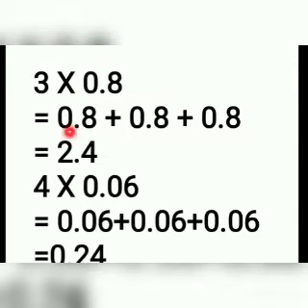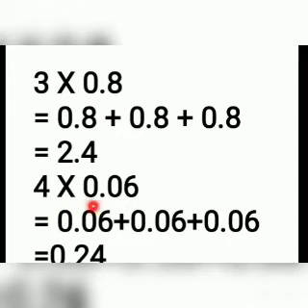That is 0.8 plus 0.8 plus 0.8. What do we have? 2.4. So 3 into 0.8, the answer you got is 2.4. Here you have one decimal place, and in the answer also you have one decimal place after the decimal point, isn't it?